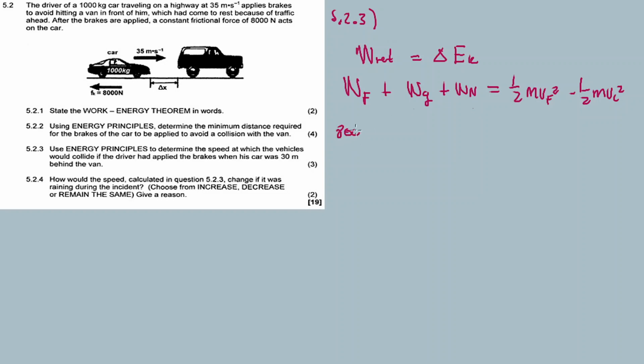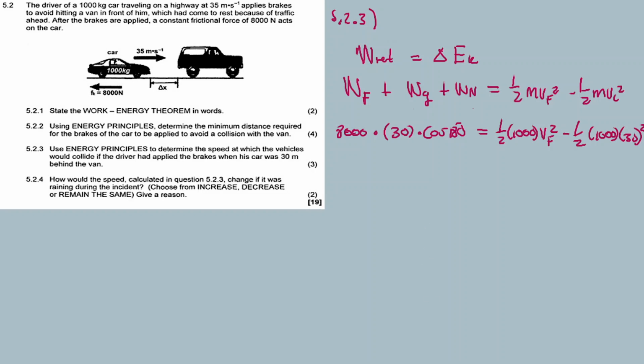Here we will have 8,000, and the distance delta x is now 30, times cos 180 degrees, equal to 1/2 times mass 1,000 times the final velocity, which is unknown and is what we want, v final squared, minus 1/2 times m, 1,000, times v initial, which was 35. This question is tough.